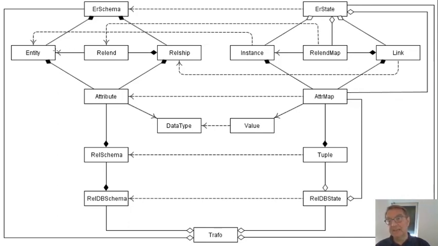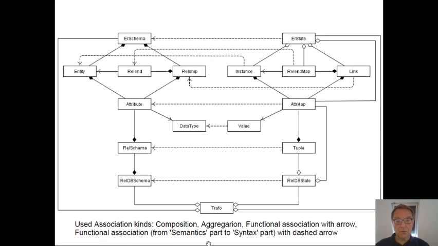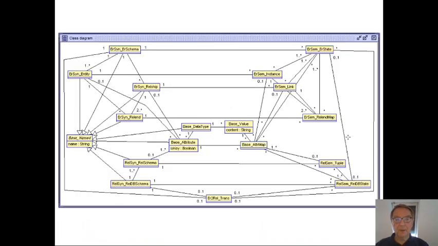And this is indicated here with a functional relationship. And there are many functional relationships which go from the state part into the syntax part, into the schema part here. And these are these functional relationships over here. And this is shortly indicated over here.